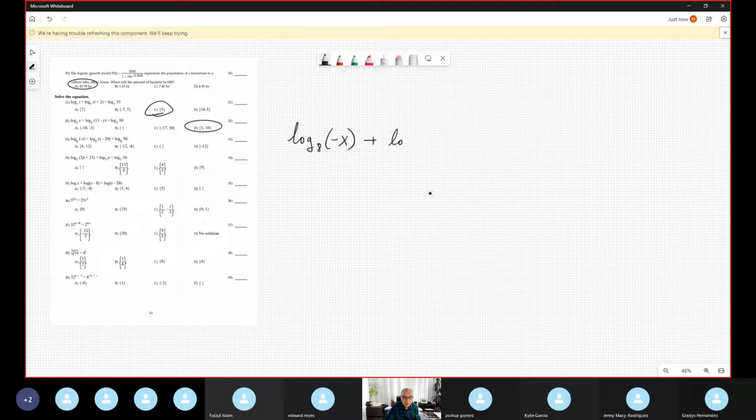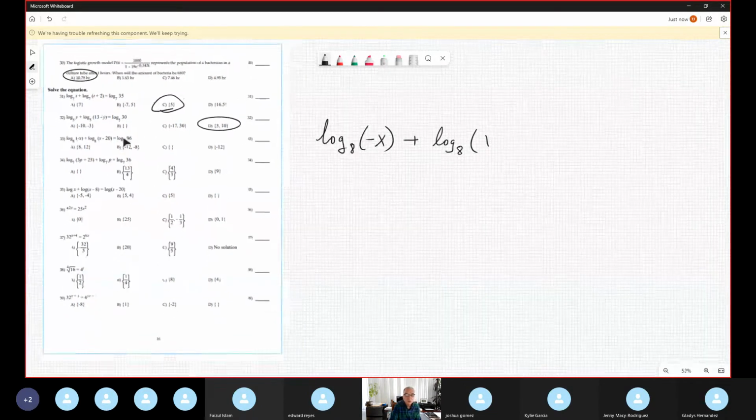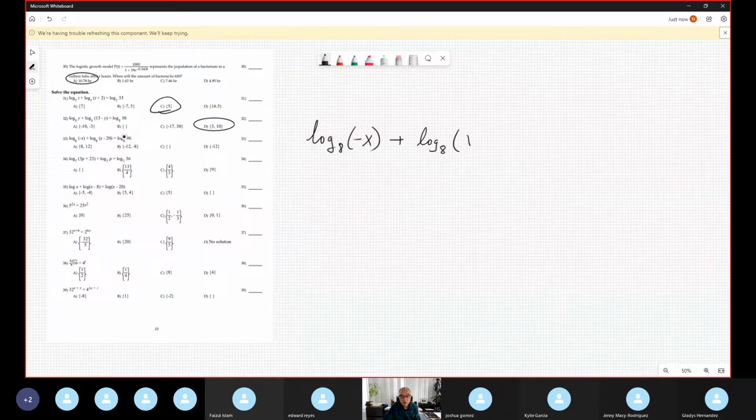Plus logarithm base 8 of x minus 20, x minus 20, is equal to logarithm base 8 of 96. This is my equation. Okay. Let's do it.